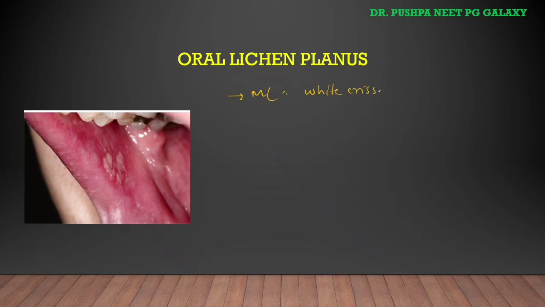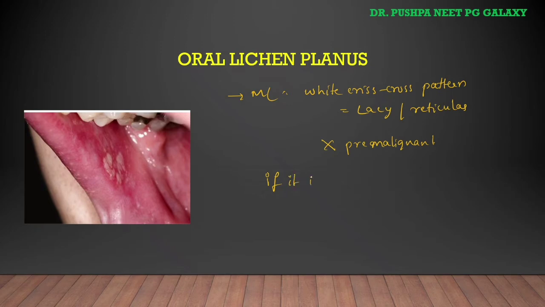It is also called lacy or reticular pattern. It does not have pre-malignant potential. But if ulcerative oral lichen planus is present, there is risk of oral cancer.